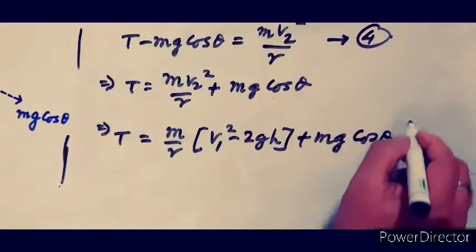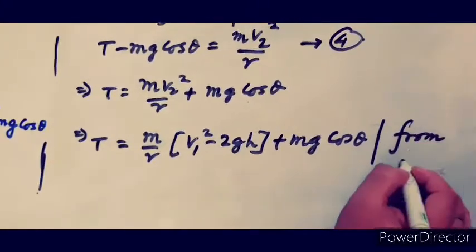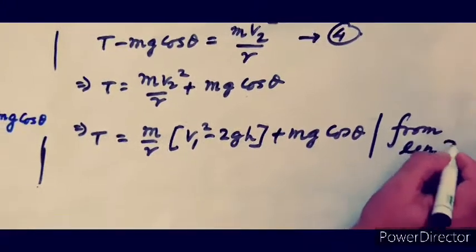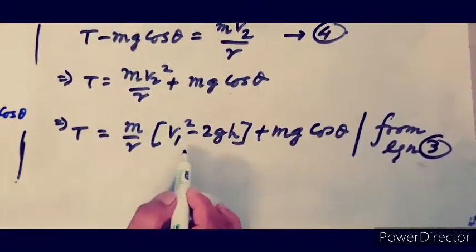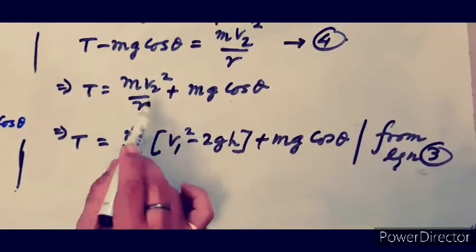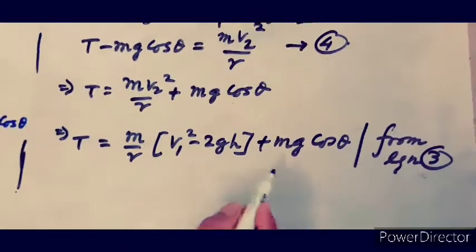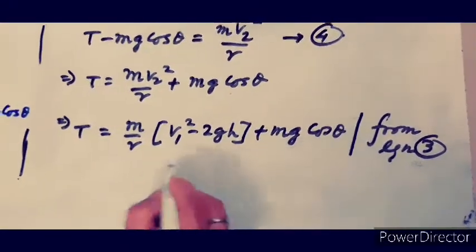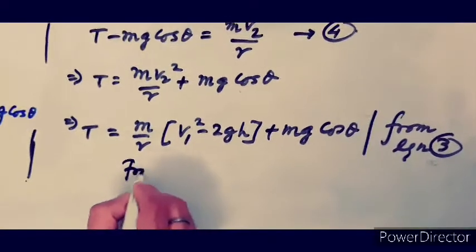How does it come? We have taken v2 from equation 3. We put the value of v2 from equation 3 here, and the value of cos theta we can also find from the triangle.